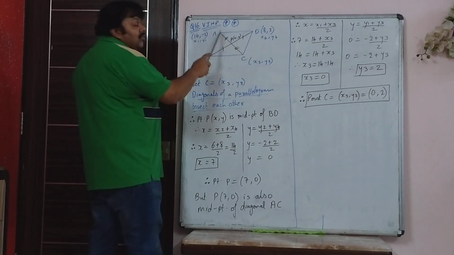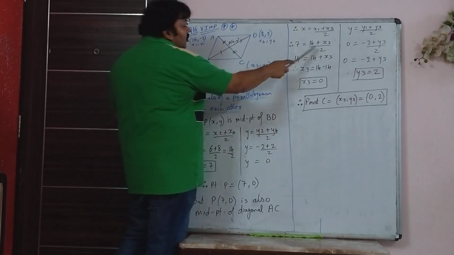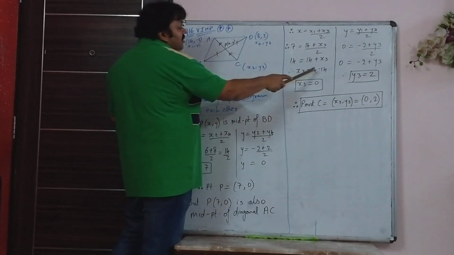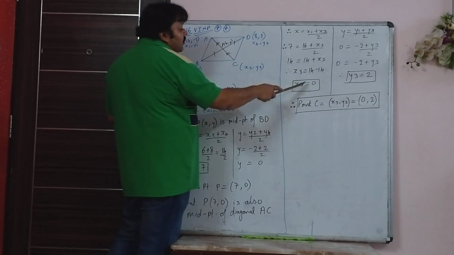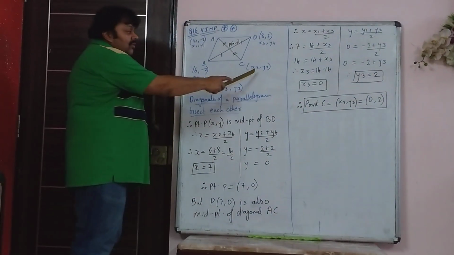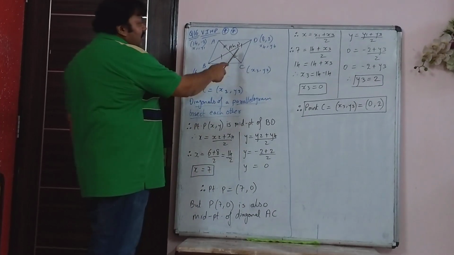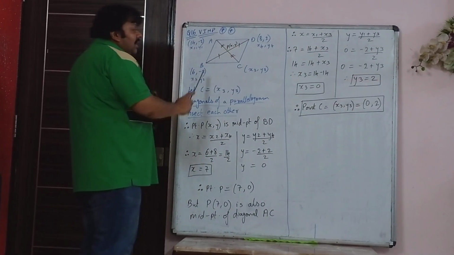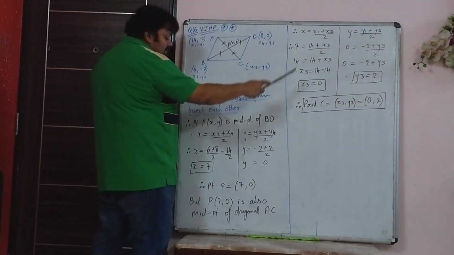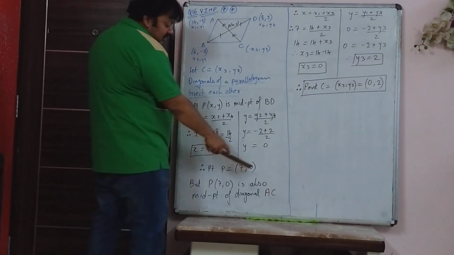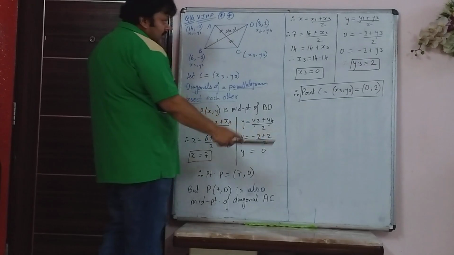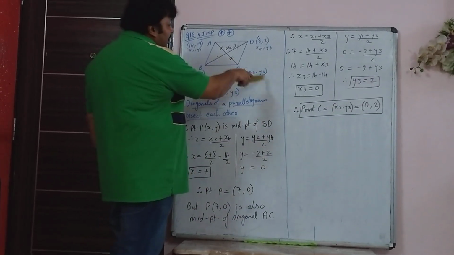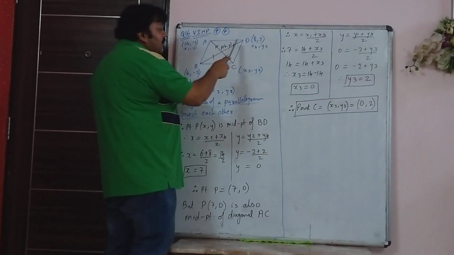So you get 14 is 14 plus x3, or x3 is 14 minus 14, that is 0. So we have found x3. In the same way, for y, since P is the midpoint of AC, (minus 2 plus y3) upon 2 is 0.